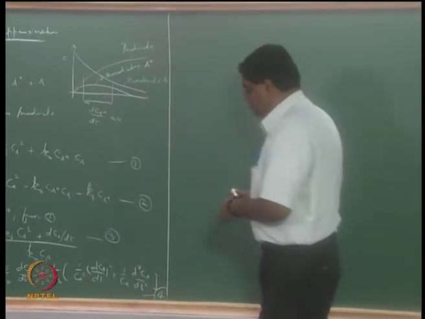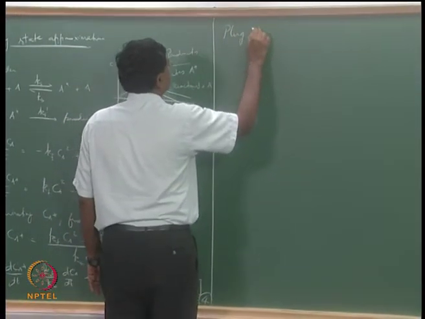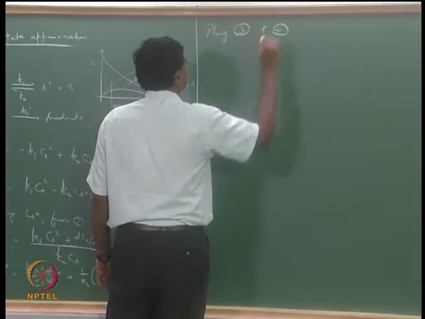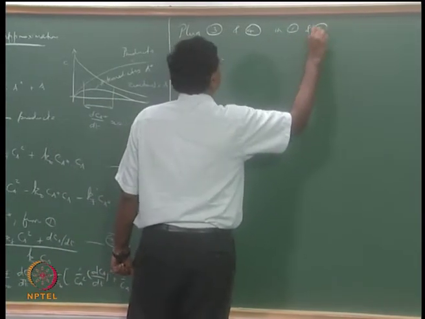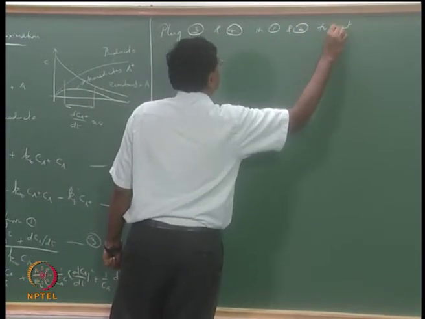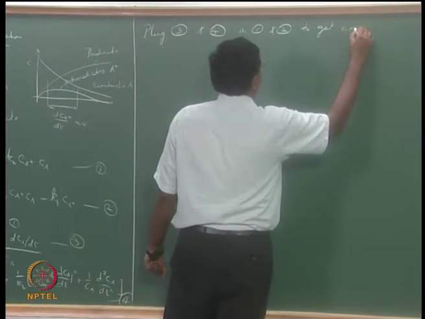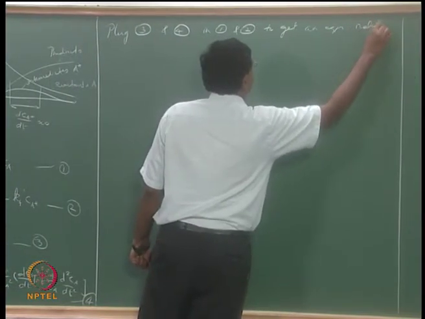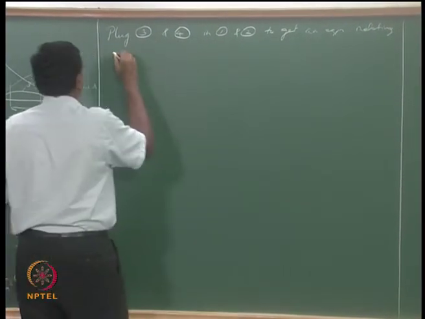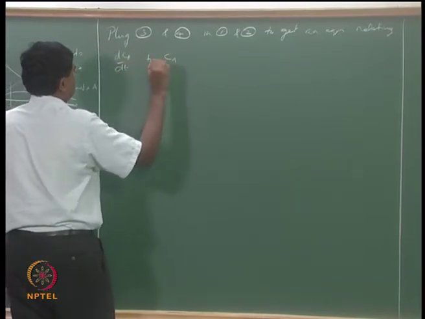So plug 1 and 2 to get an equation relating dCA over dt to Ca.